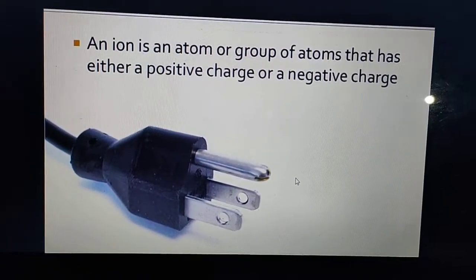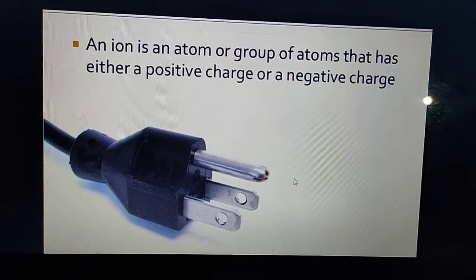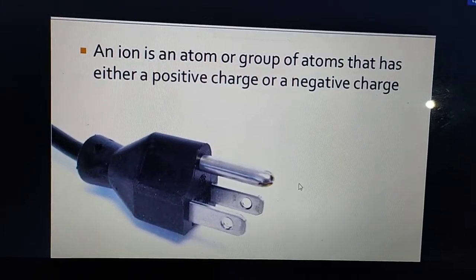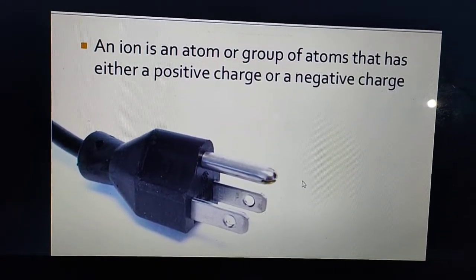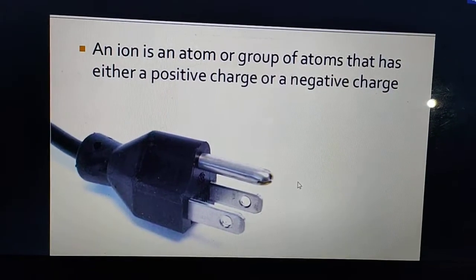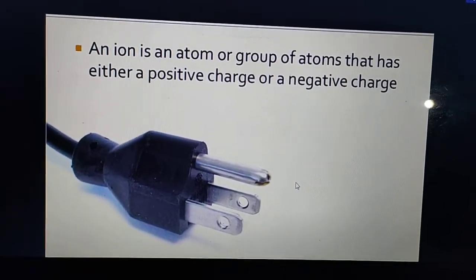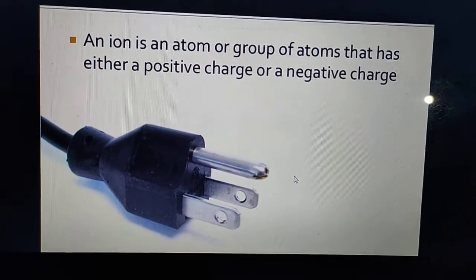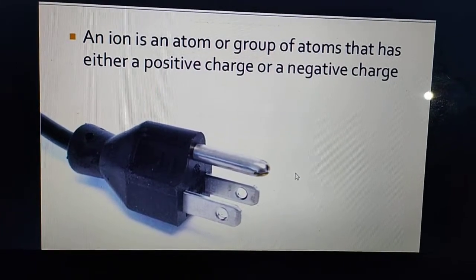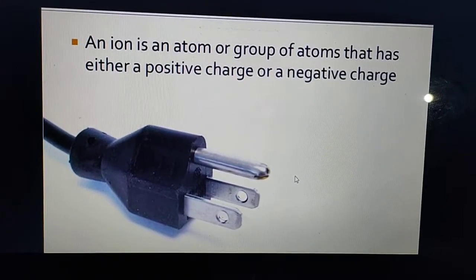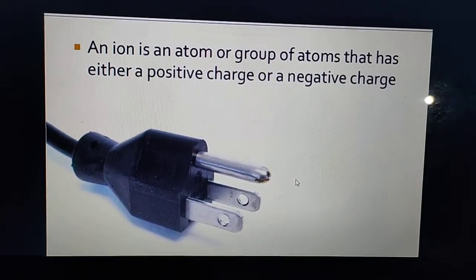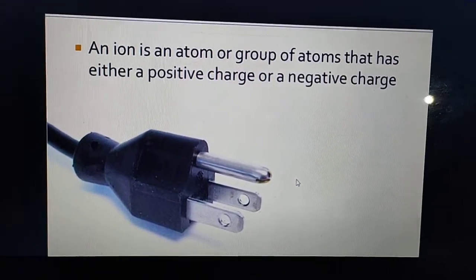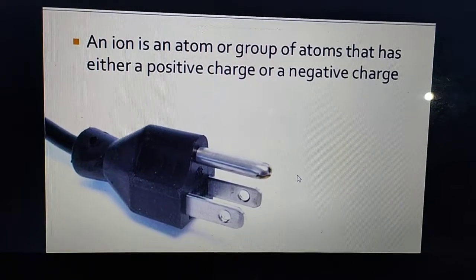So, an atom has the ability to lose or gain one or more electrons, and in this process it gets electrically charged. So here you can see that an ion is an atom or group of atoms that has either a positive charge or a negative charge.